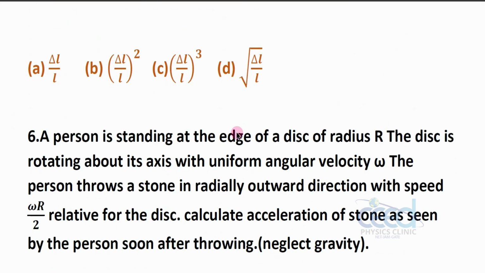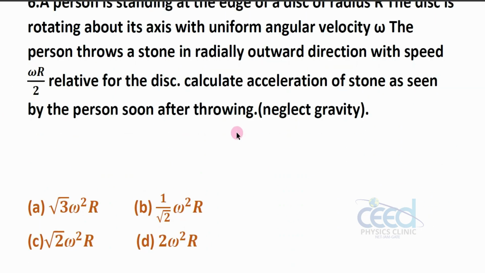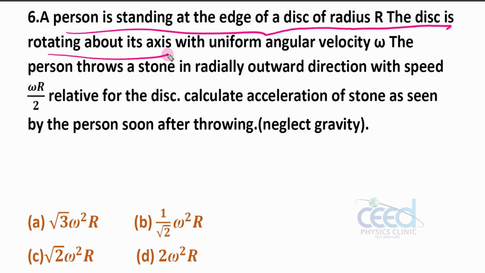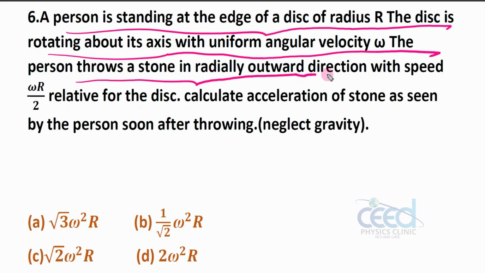All right. Now let us go to another question. A person is standing at the edge of a disk of radius r. The disk is rotating about its axis with uniform angular velocity omega. The person throws a stone in the radially outward direction with a speed omega r by 2 relative to the disk.